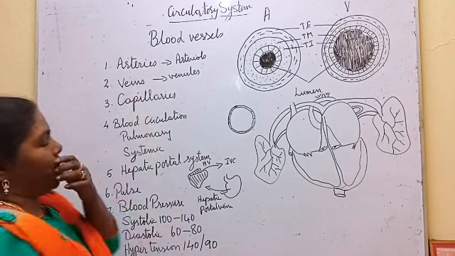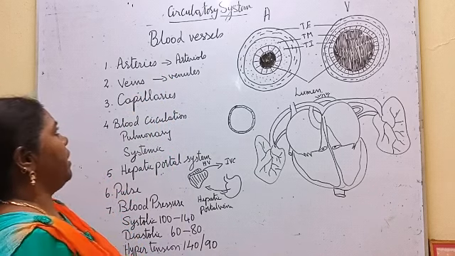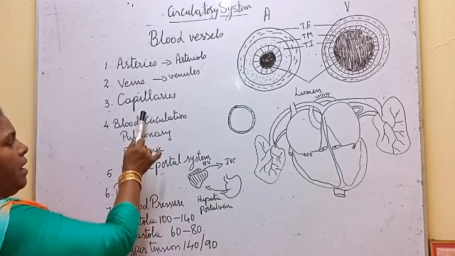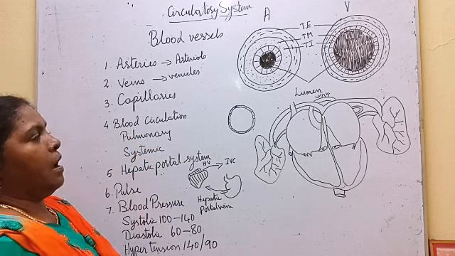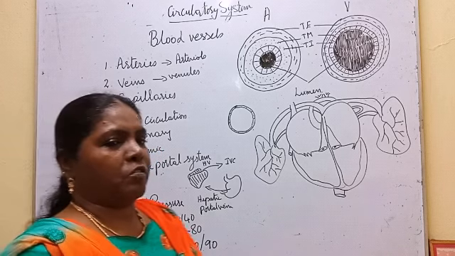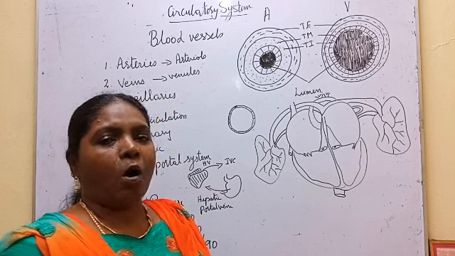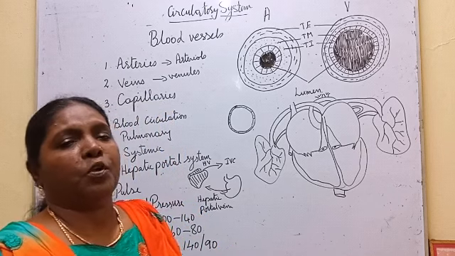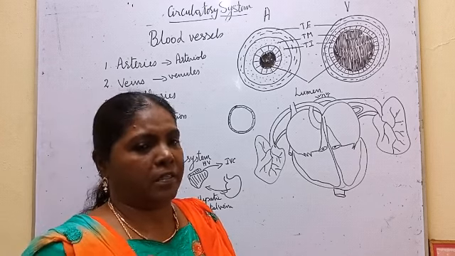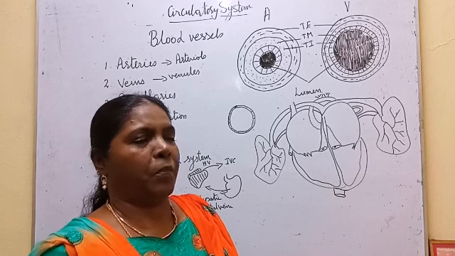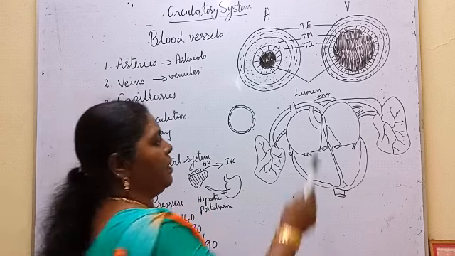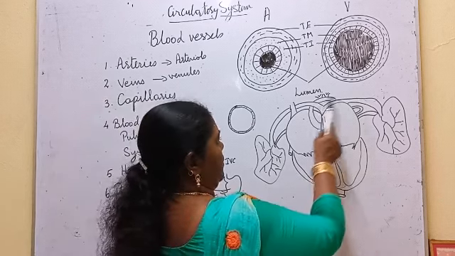There are three types of blood vessels in our body: arteries, veins and capillaries. All the arteries distribute oxygenated blood from the heart to the different parts, except the pulmonary artery.